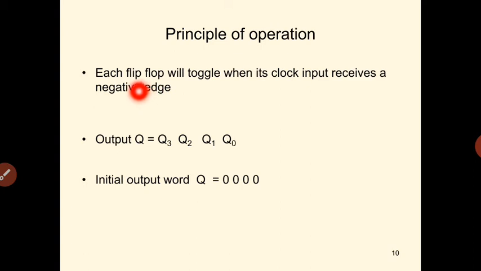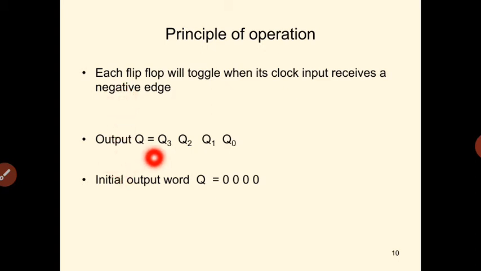Since I am applying a negative edge triggering clock pulse to all the flip-flops, whenever any flip-flop receives the negative going edge of the clock, at that instant of time, the output will be toggled.